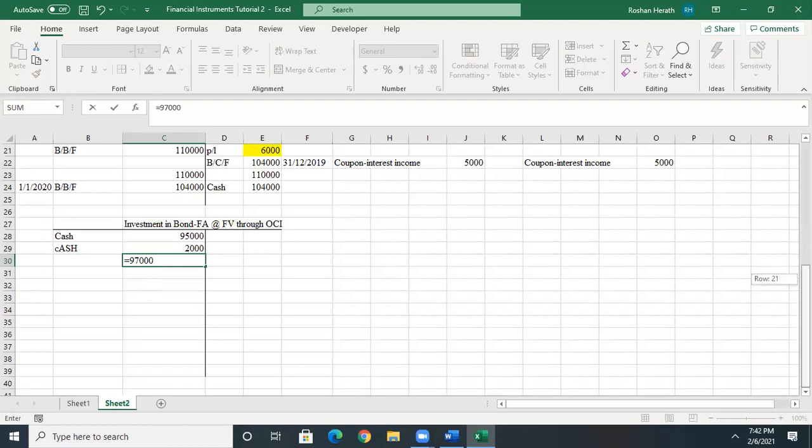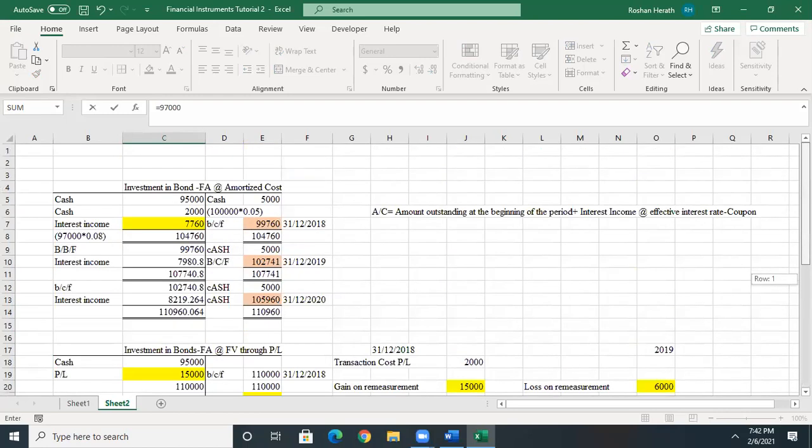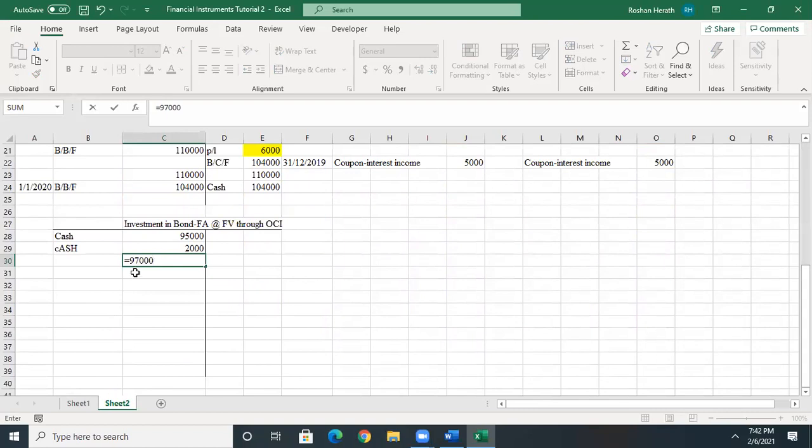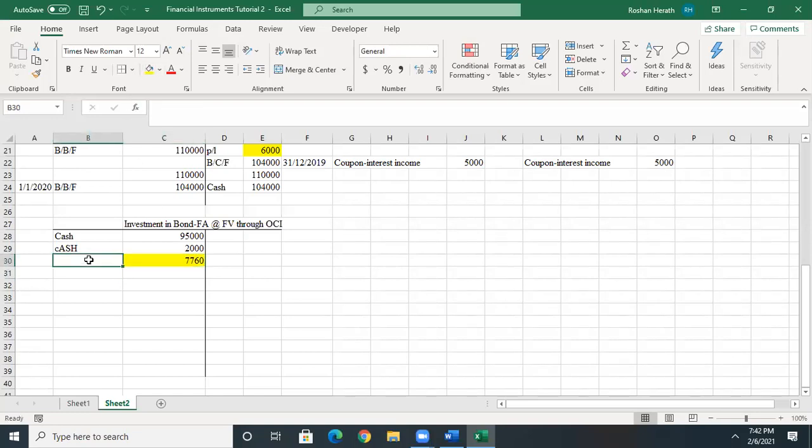So that is exactly equal to what you did earlier for the financial asset at amortized cost. And then you applied what? The effective interest rate. So here you also need to do the same and take that particular gain to the P&L. In fact, that is your interest income.